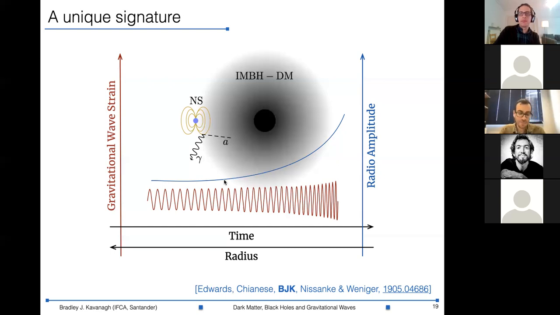Yeah, this is a great question, and this is something we need to think about more carefully. An accretion disk or any kind of baryonic cloud would give you a very similar effect. The hope, which we haven't managed to show yet, and I'll get into this a little more later, is that the exact shape of the gravitational waveform will allow you to map out the shape of the overdensity.